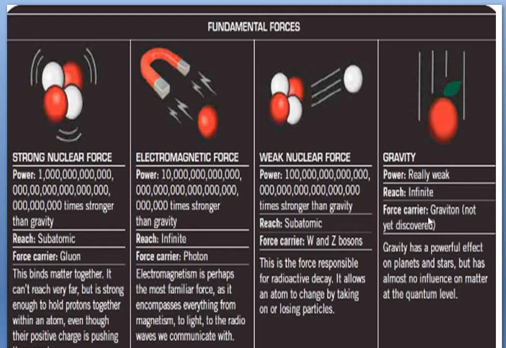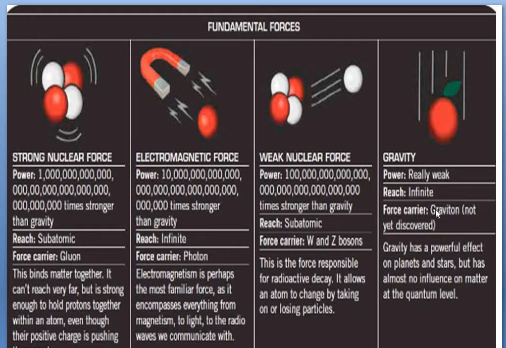And the particles exchanged during the action of the gravitational force are called gravitons, and these are the force carriers in the gravitational field. These are not yet discovered. Gravitons are theoretical predictions, but practically not discovered yet.